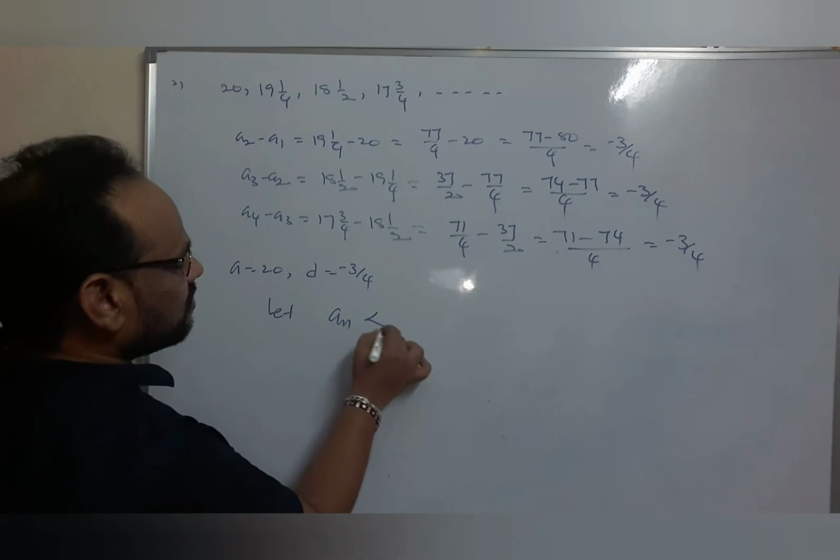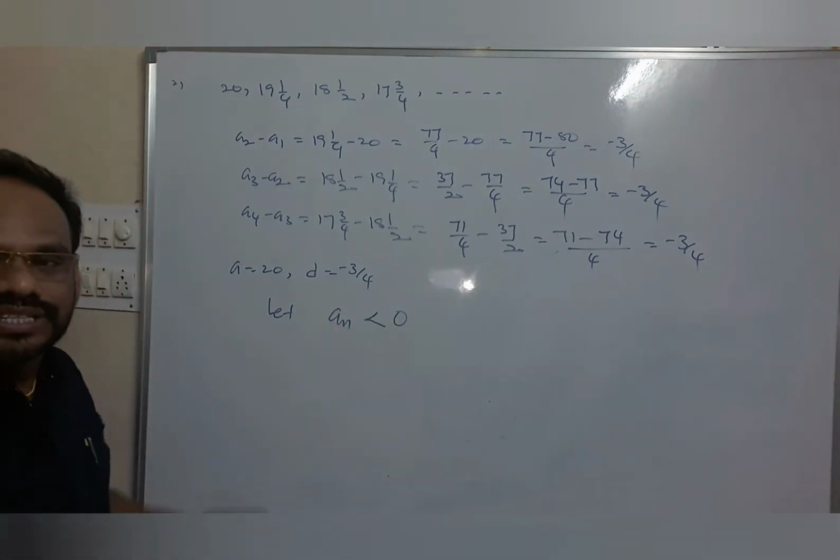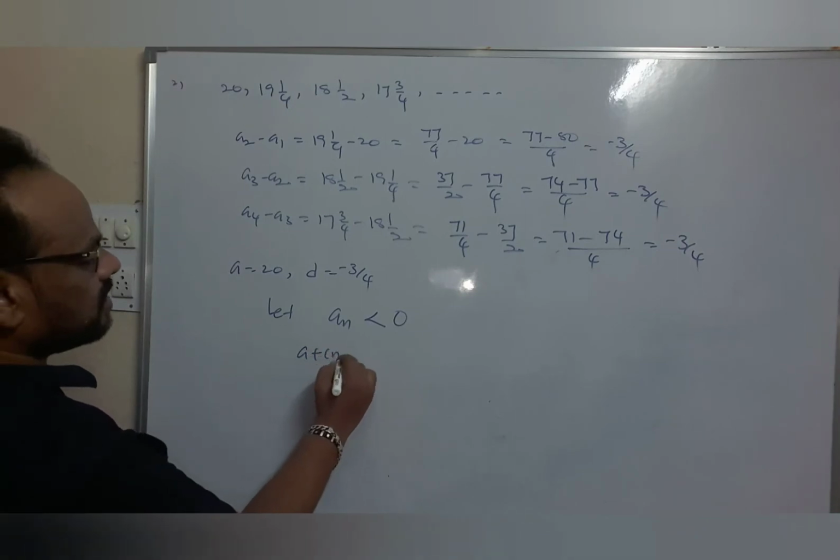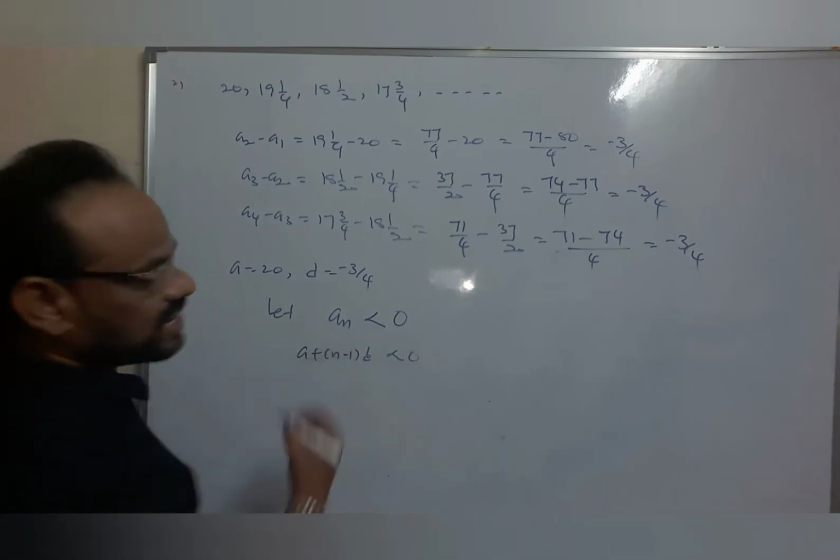First negative term means AN is less than 0. We know that AN is a plus (n minus 1) times d, less than 0.